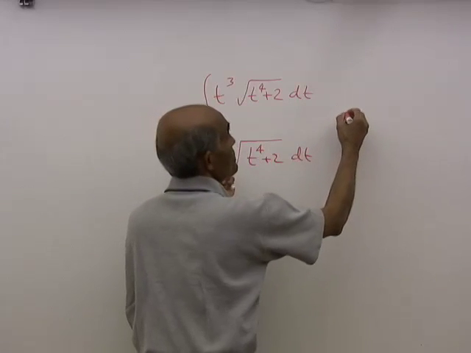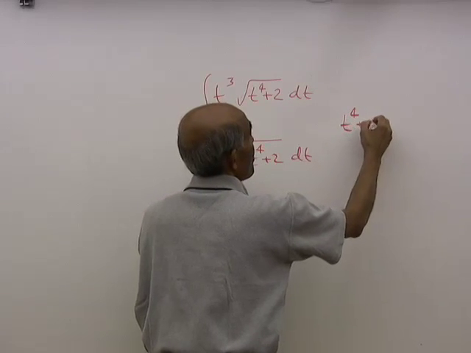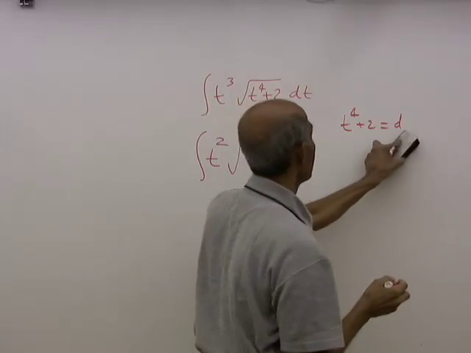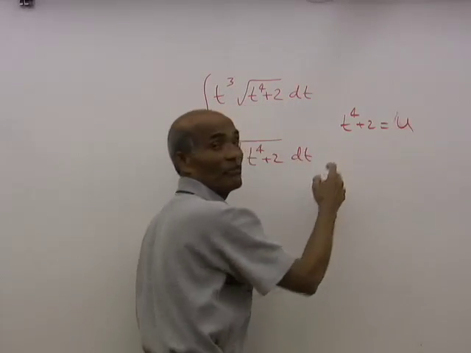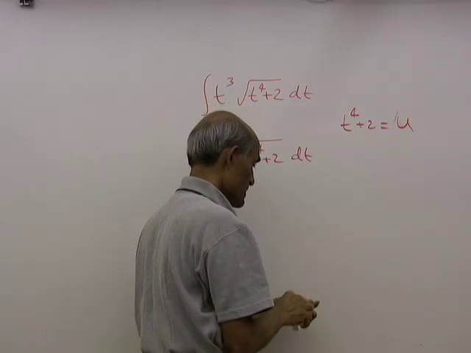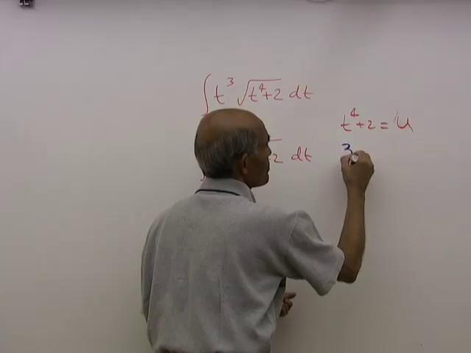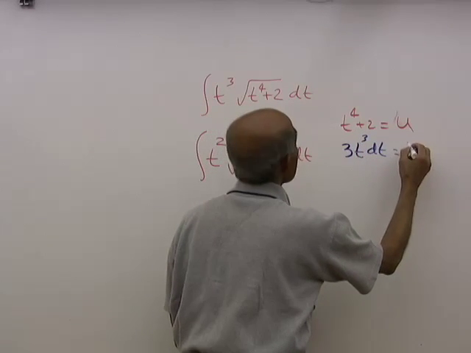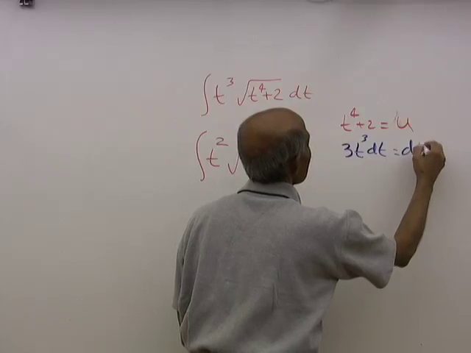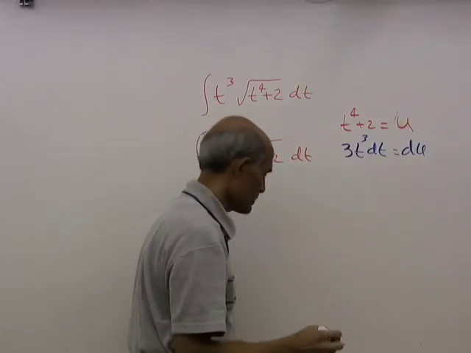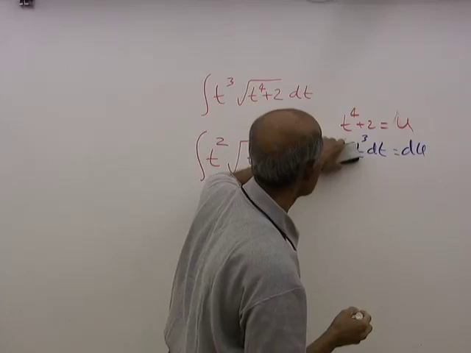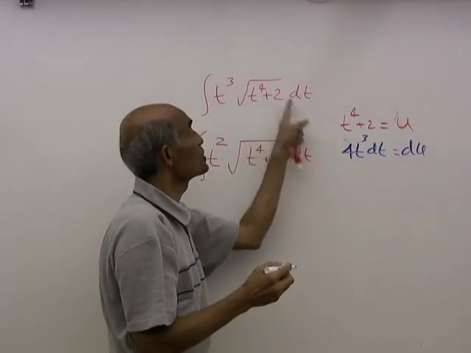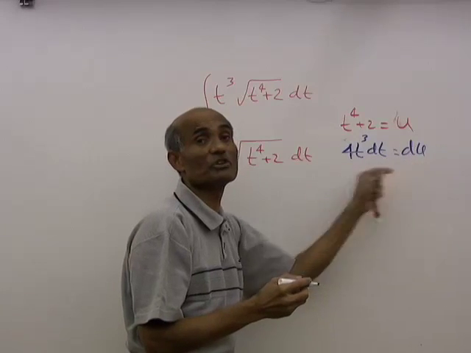What is the substitution we used? t to the power of 4 plus 2 equal to u. And we found the differential. The differential gave us 3t cubed dt equal to du. In other words, not 3, it'll be 4, is that right? 4t cubed. In other words, we are able to replace t cubed dt in terms of du.